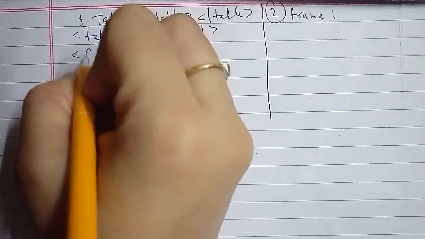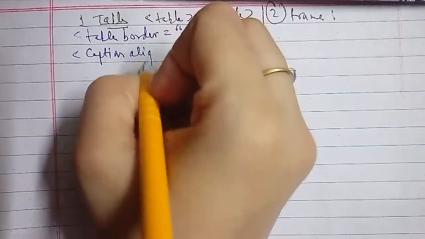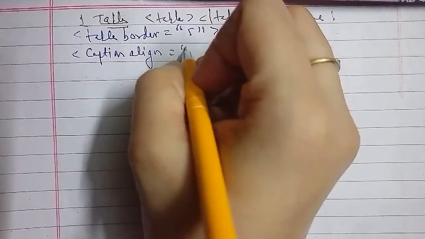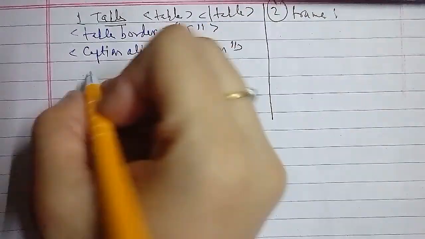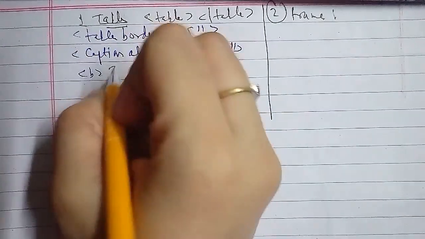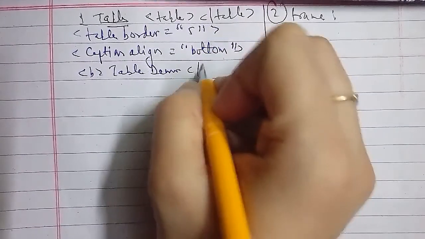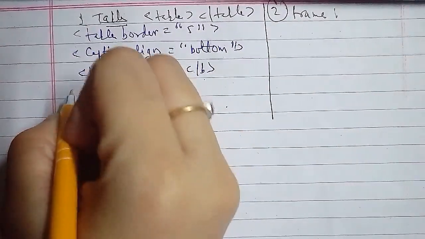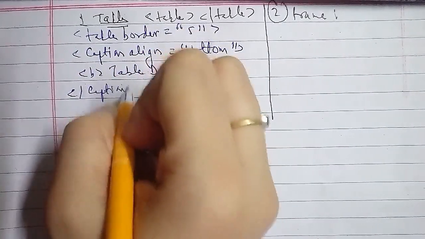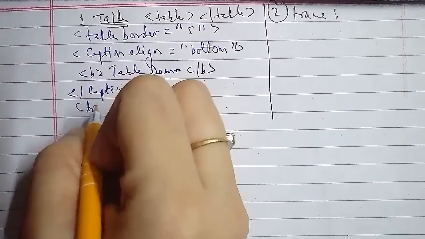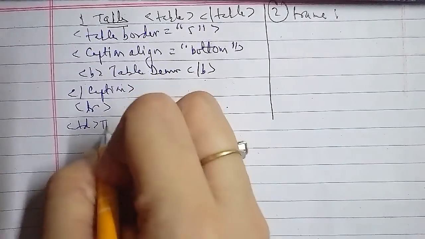Then the caption, because we opened it, we will close the caption. tr. Then for the td, this is left cell row 1, then we will close the td. Then another td, this is right cell row 1, we will close the td.